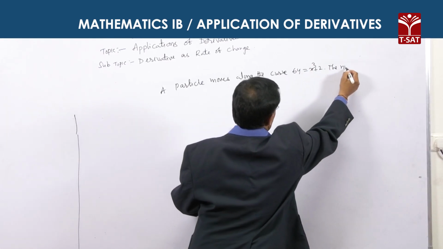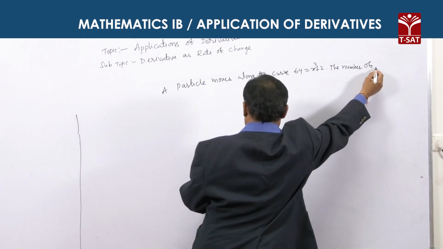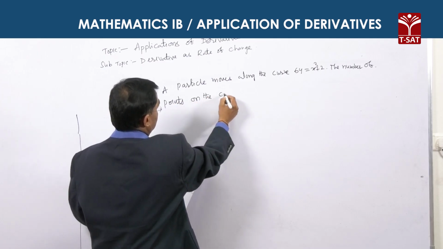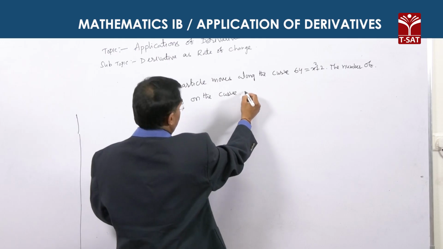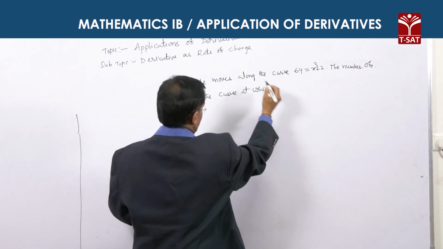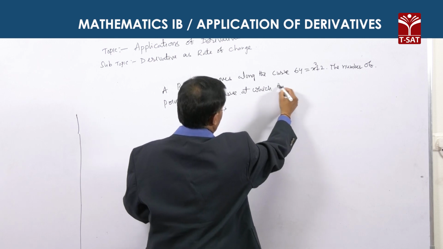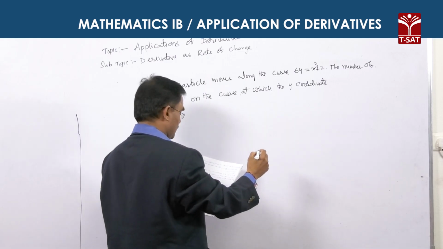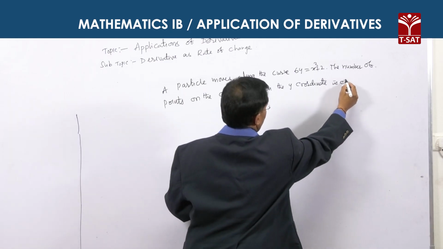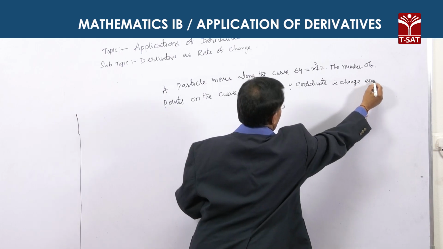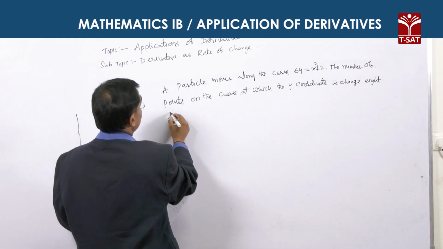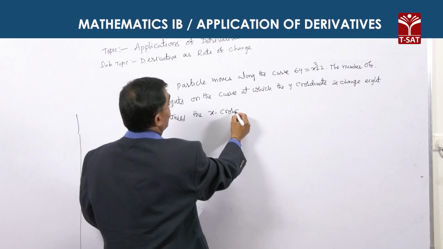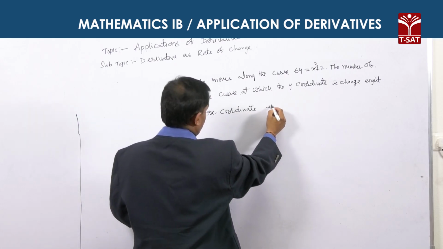The number of points on the curve at which the y coordinate changes 8 times the x coordinate is dash.